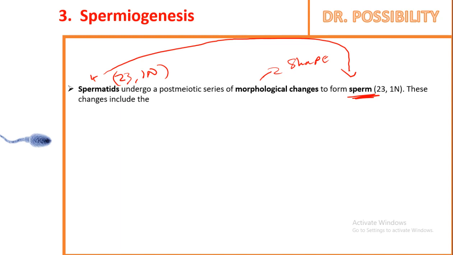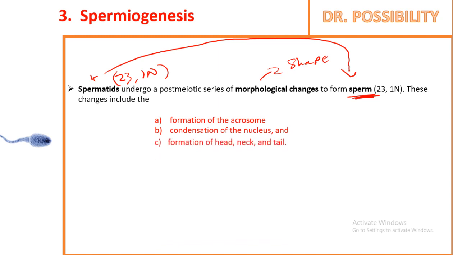Now, these changes, what do they include? The formation of the acrosome. In the next classes, I'm going to talk about the acrosome reaction. Okay? So what are these changes? The first change that we need to observe is the formation of the acrosome. Then the next one is the condensation of the nucleus.